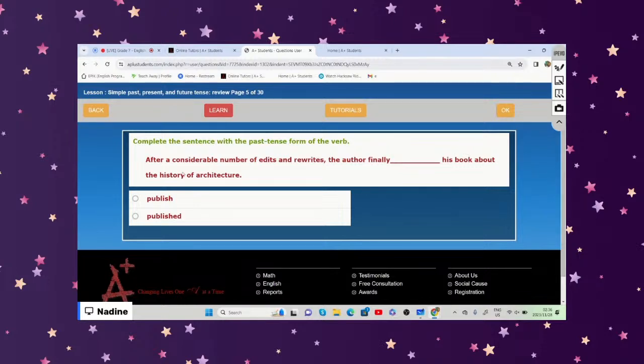And now we need to complete the sentence with the past tense form of the verb. After a considerable number of edits and rewrites, the author finally, do we say publish or published, his book about the history of architecture? This is in the past tense.